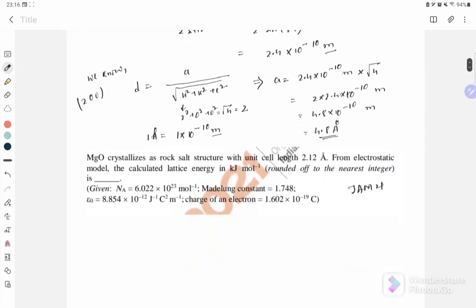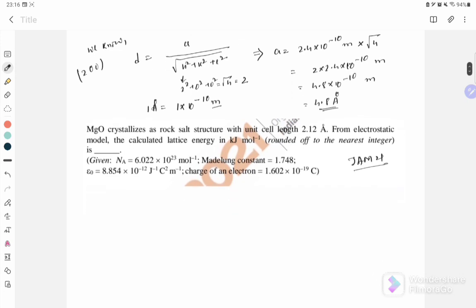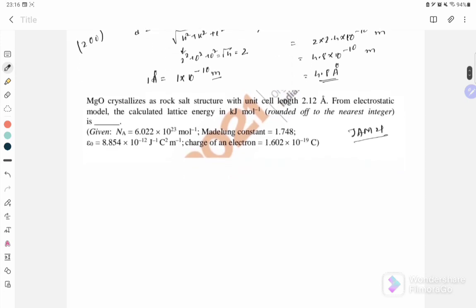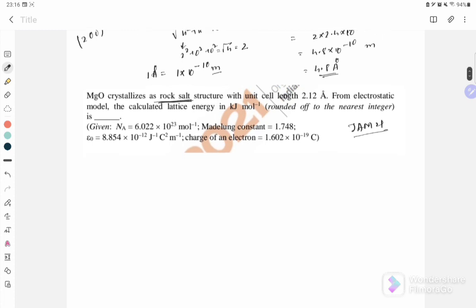Okay, our next question also came in JAM 2021. MgO, magnesium oxide, crystallizes as rock salt. Rock salt means we can assume that this structure is considered as NaCl. NaCl is also a rock salt structure.